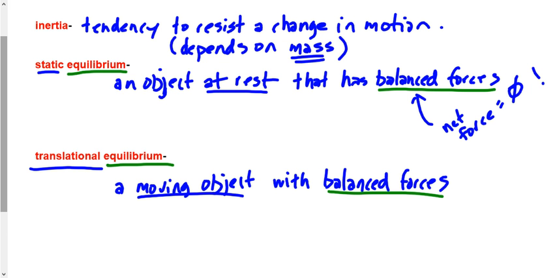But wait a second, I'm going to run out of gas eventually, right? And then I'm going to stop, right? Yeah. Okay, that's when the force of friction slows you down and you have nothing to balance the force of friction to keep you going. That's when we have an unbalanced force. You're never going to stop moving in a straight line at constant velocity until you have that unbalanced force. Make sense?